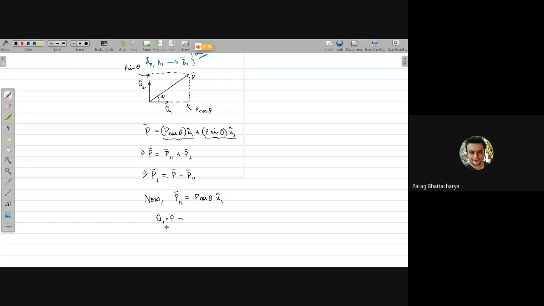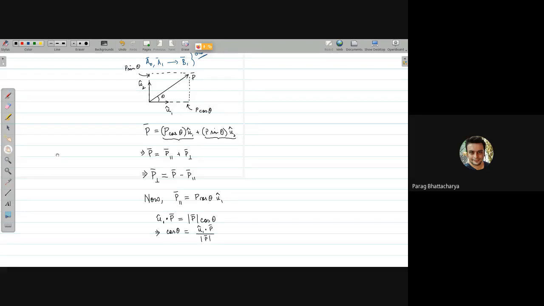It gives modulus u into modulus p into cos of the angle between them. Modulus of u1 is anyway 1 because it's a unit vector. So what is left behind is modulus p times cos theta. So this gives us cos theta, which is equal to u1 dot p divided by the modulus of vector p.